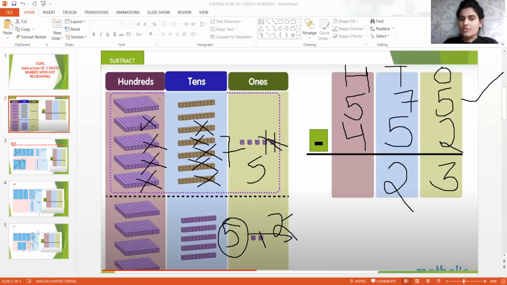How many hundreds are left over here? Only 100 is left. Only 1. So we write 1 over here. Okay, this is how we subtract two numbers. Thank you.